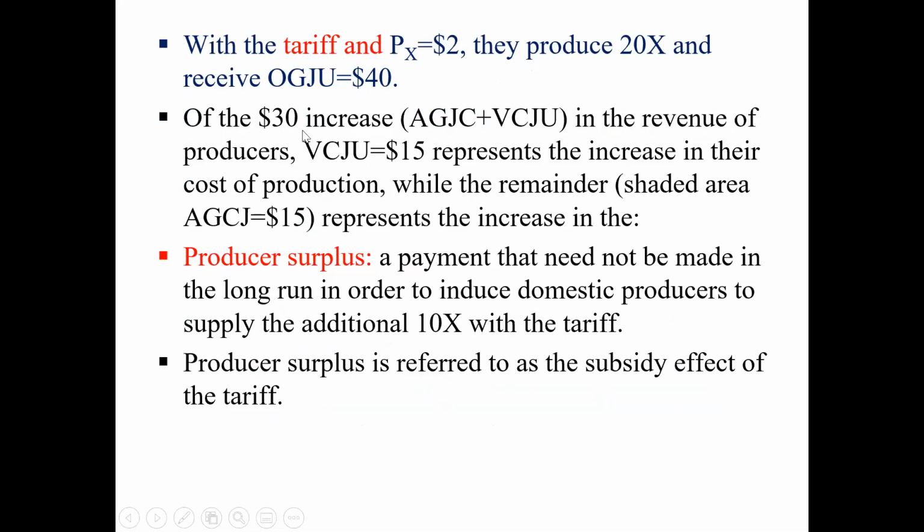Of the $30 increase in the revenue of the producer, $15 represents the increase in their cost of production, while the remainder represents the increase in the producer surplus. Producer surplus is a payment that need not be made in the long run in order to induce domestic producers to supply 10X with the tariff.